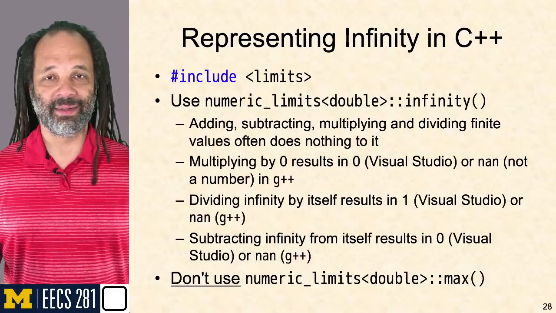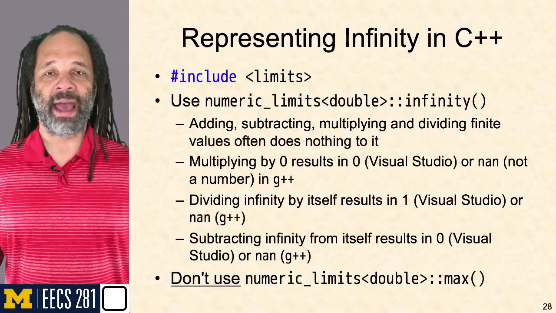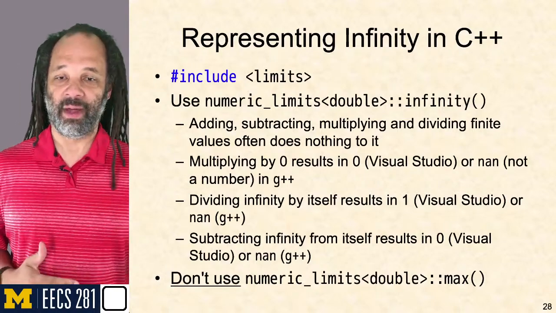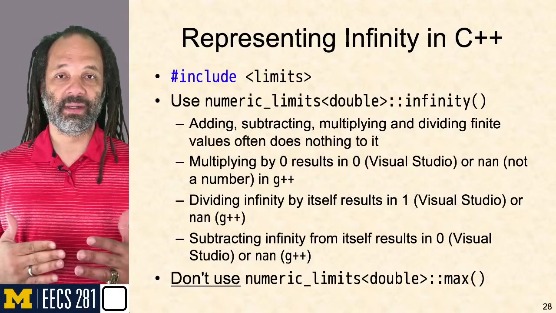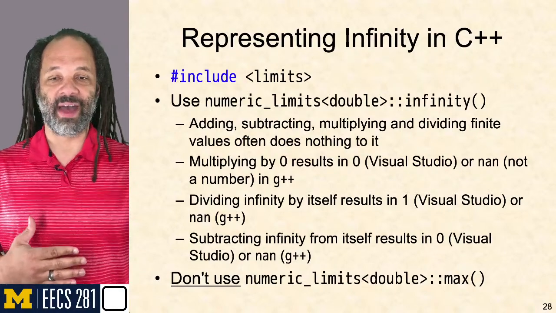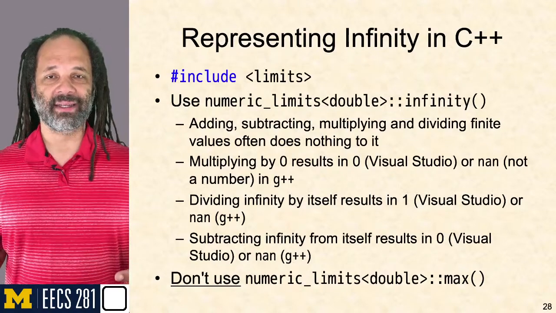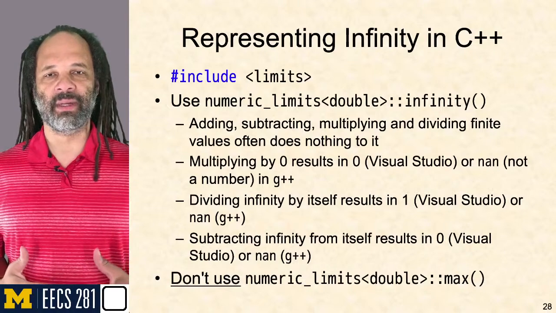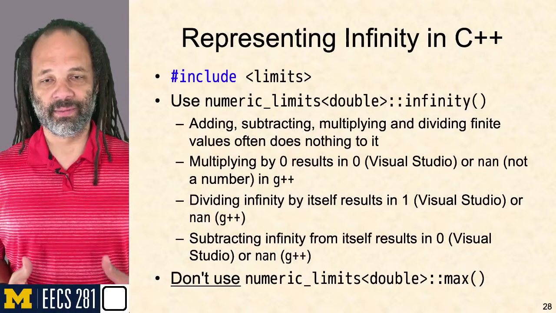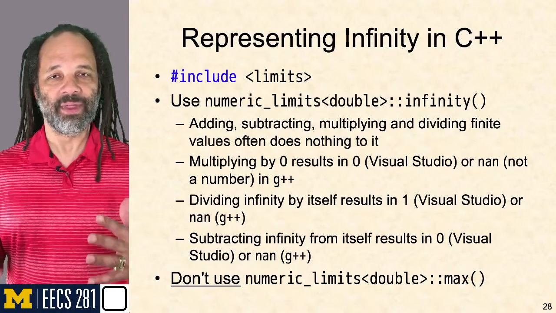Infinity is a concept. So you don't want to do math with concepts. You want to do math with numbers. So if you've got an infinity, you can use it for comparison. It's bigger than anything you can find. But you can't add it. You can't add infinity plus 1 and expect to get something reasonable from a computer. So don't do math with infinities.